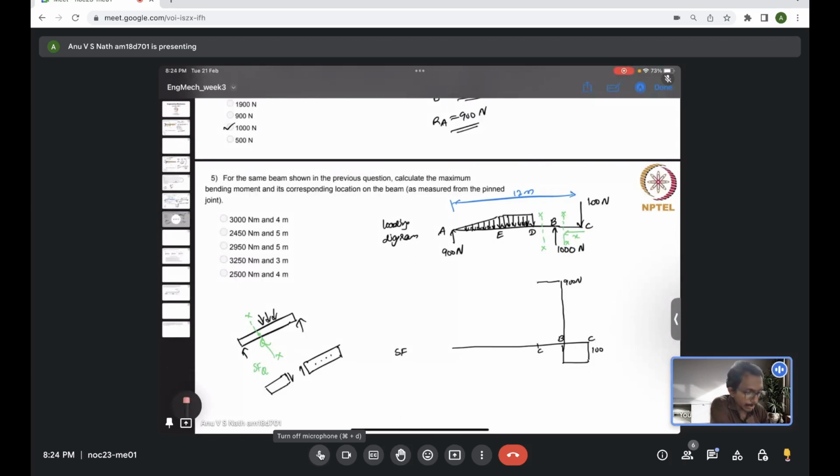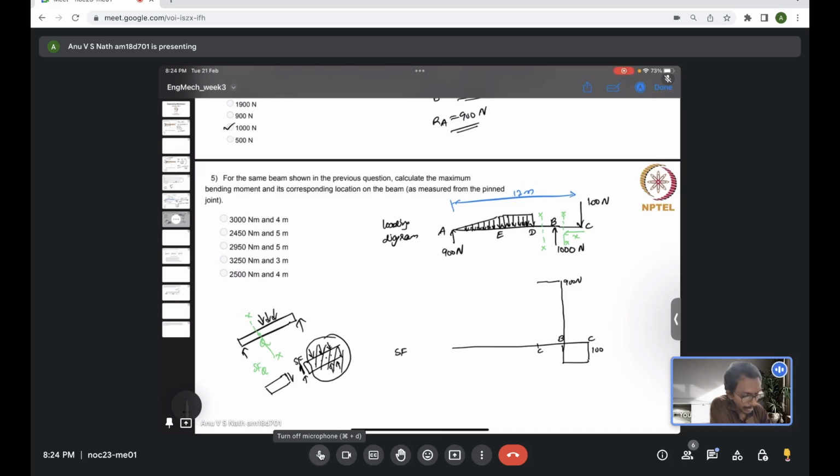And if you see on the right hand side, this entire shear force which is acting on this area should be balanced with the external load acting. So you can basically say that this shear force acting here is the sum of the entire force acting on the right hand side.